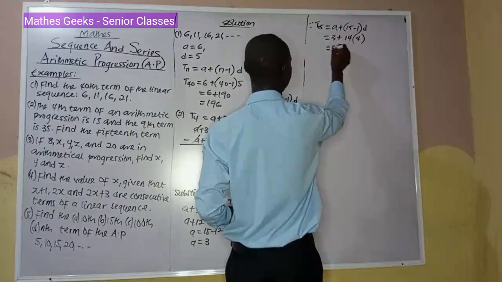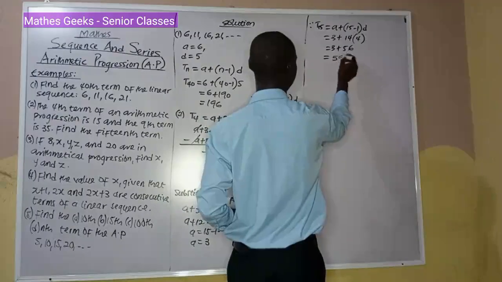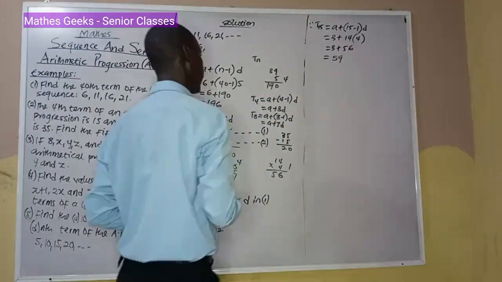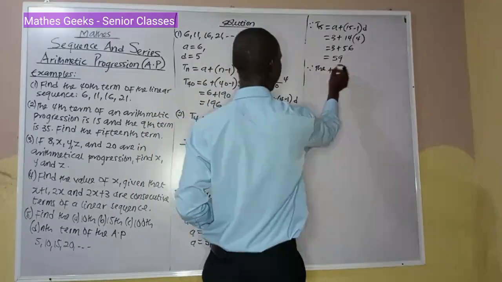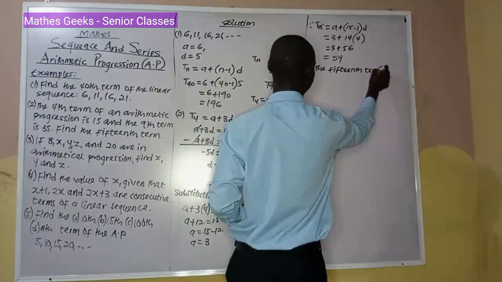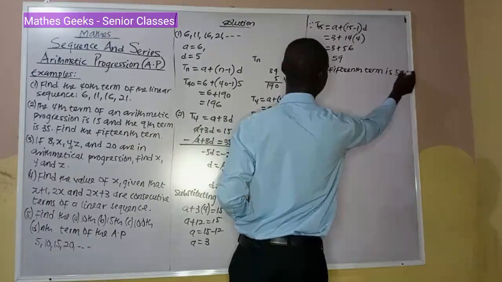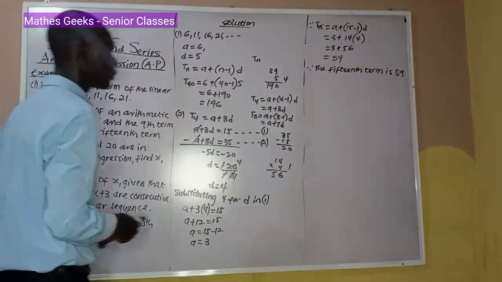So that will give us 3 plus 56, and that is 59. So the 15th term is 59.